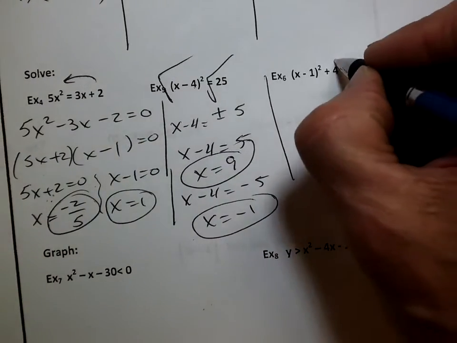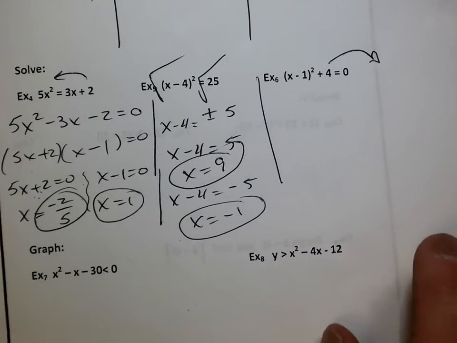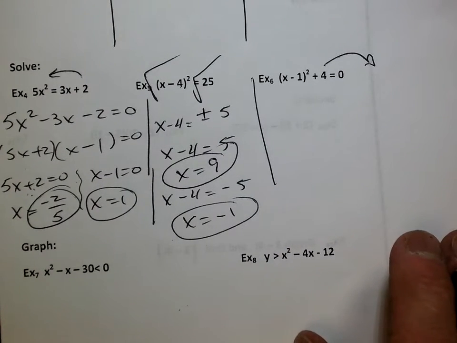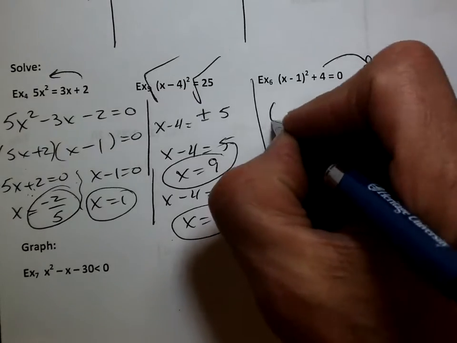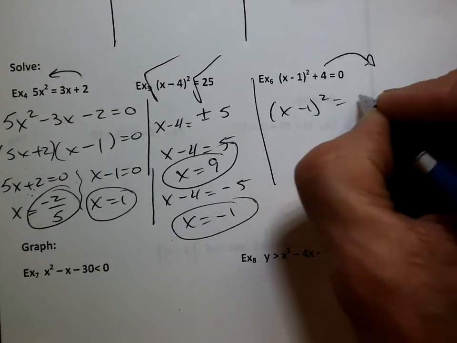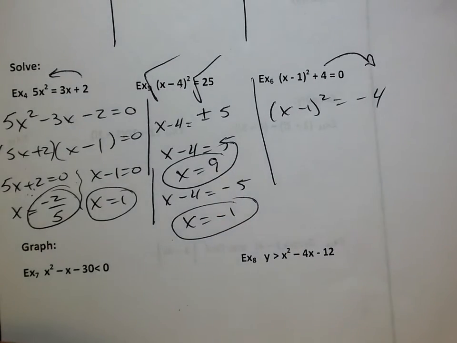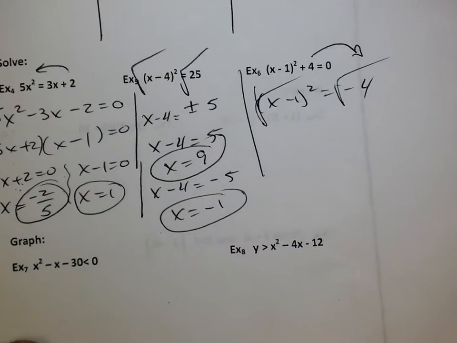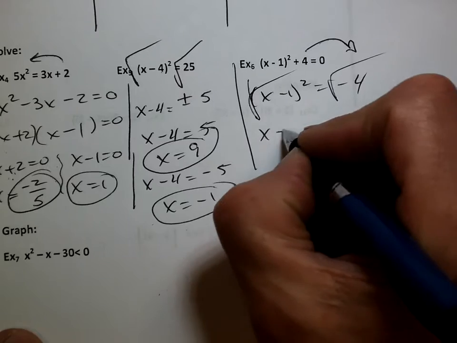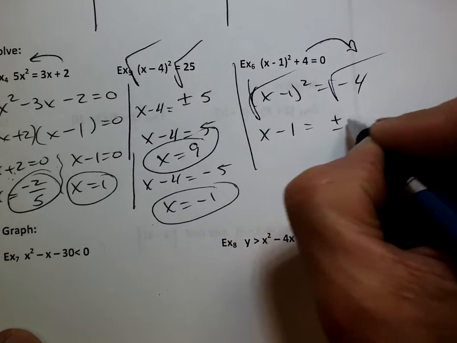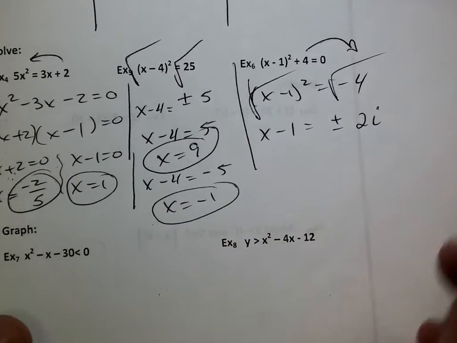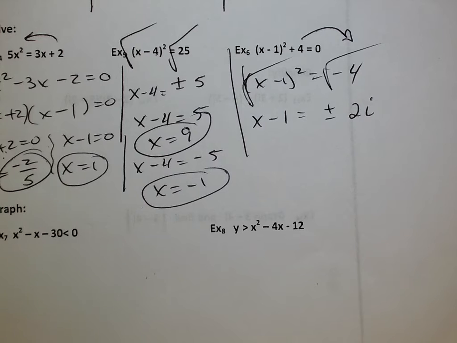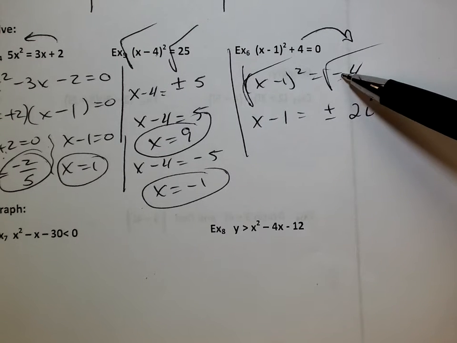Number 6. Let's bring over the 4. If I get going too fast, tell me, please. x minus 1 squared equals negative 4. Square root. x minus 1 equals plus or minus 2i. You all right with where the i came from? The i comes from the square root of a negative.